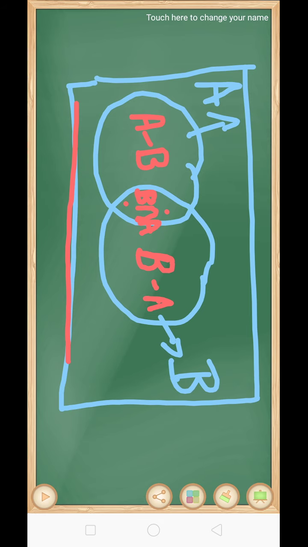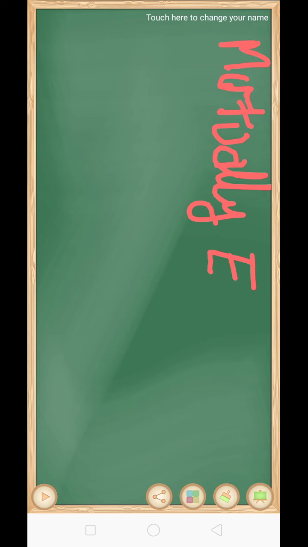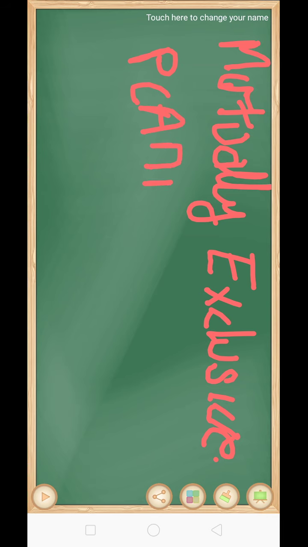Secondly, the second property is mutually exclusive. When P(A intersection B) is equal to 0, we say the two events are mutually exclusive.